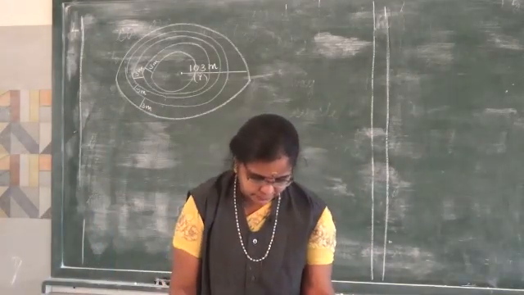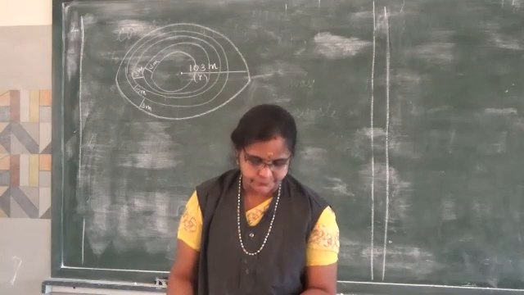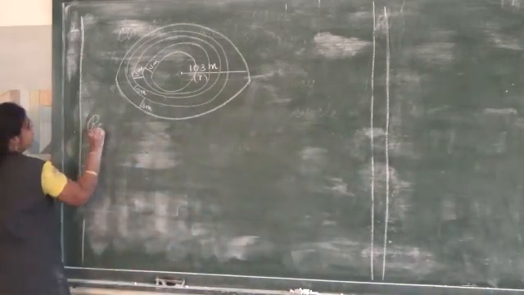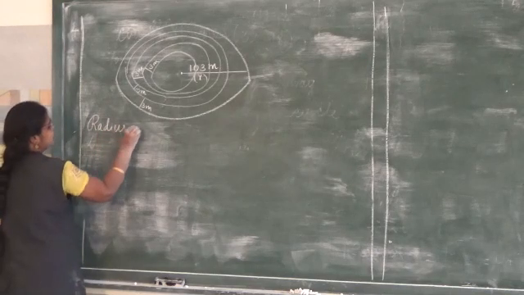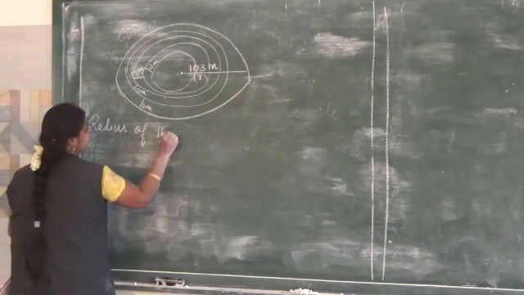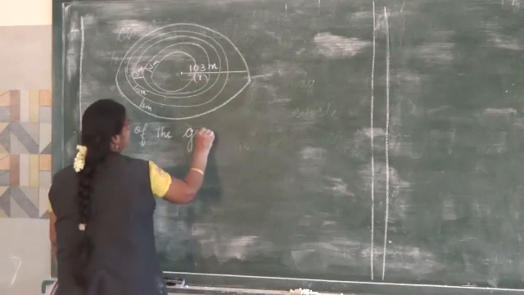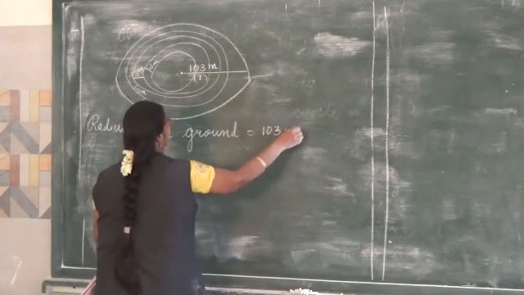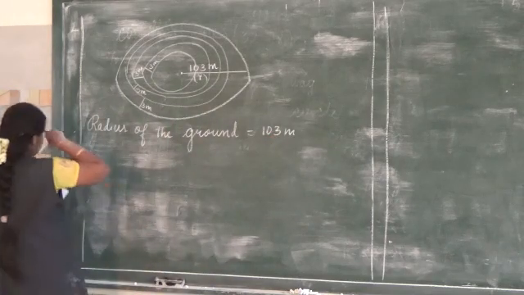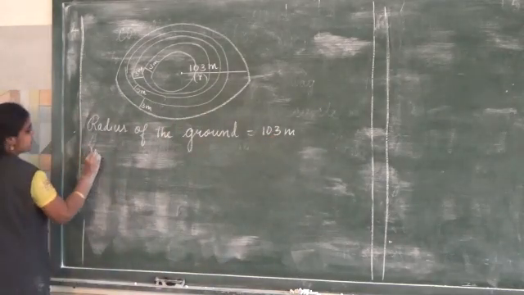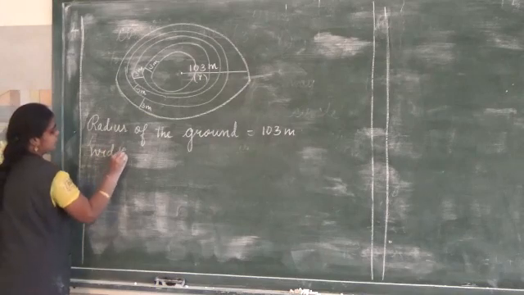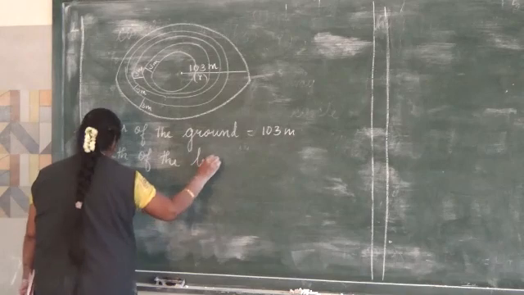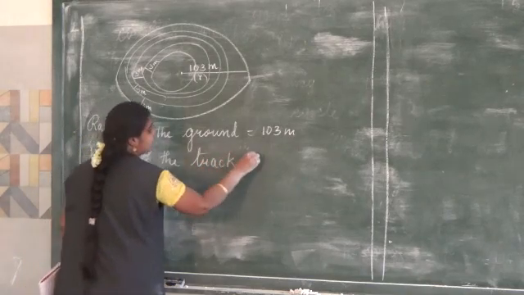So first thing, the radius of the ground, they have given us 103 meter. Then the width of the track they have given us is 3 meter.